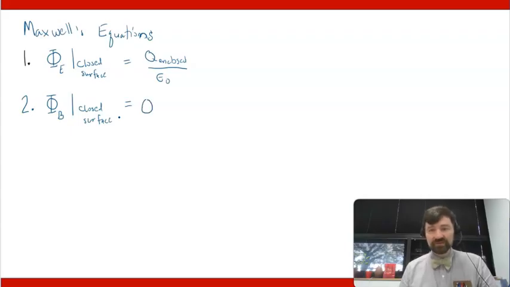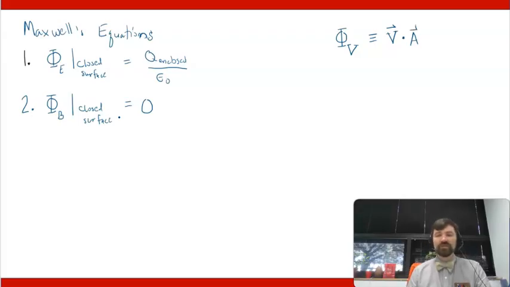And as a reminder, recall that the flux of any generic vector field V is defined as that vector field V dotted with the area vector A. So if you have a closed surface, you may have to do that for multiple faces, or you may have to find some symmetry property, etc. In a calculus-based course, you would largely take an integral here.